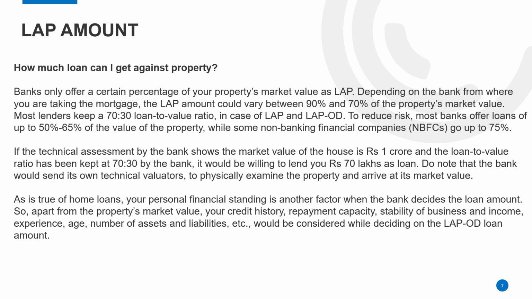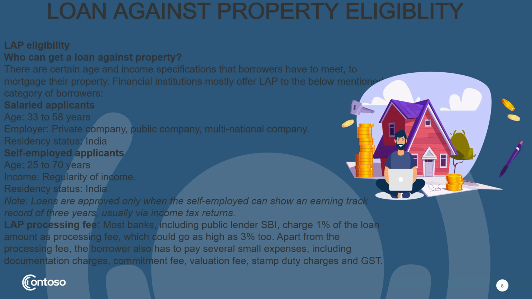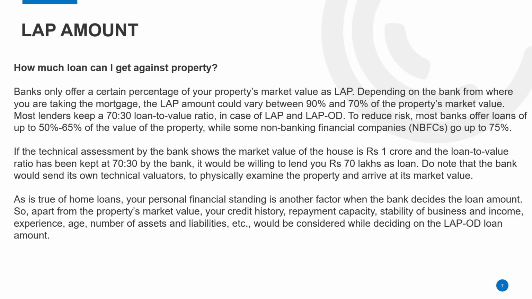As is true of home loans, your personal financial standing is another factor when the bank decides the loan amount. So, apart from the property's market value, your credit history, repayment capacity, stability of business and income, experience, age, number of assets and liabilities, etc. would be considered while deciding on the LAP overdraft loan amount.